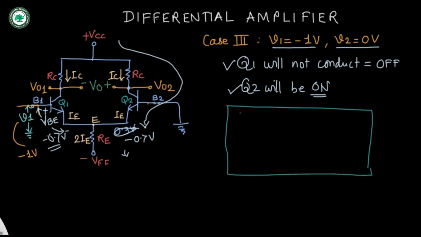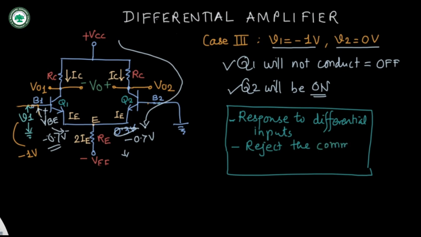So we can say in a way that the differential amplifier provides a response to differential inputs. That means whenever there is a difference between the two inputs, it will provide us the output, whereas it will reject the common mode signals, and that is what we expect from the differential amplifier.